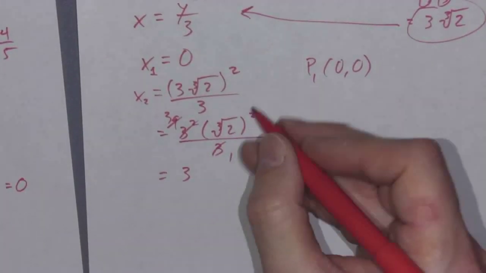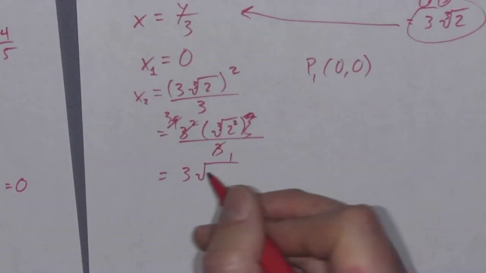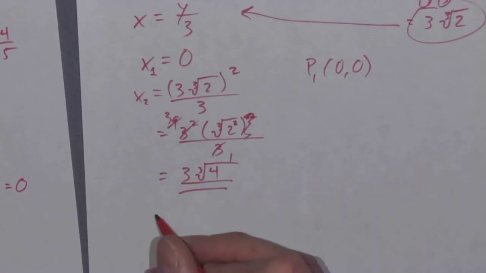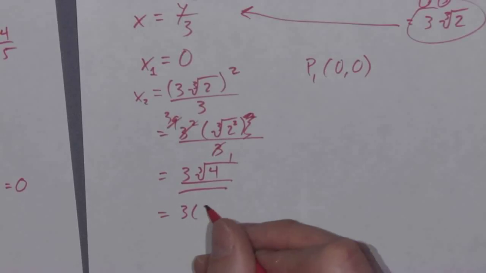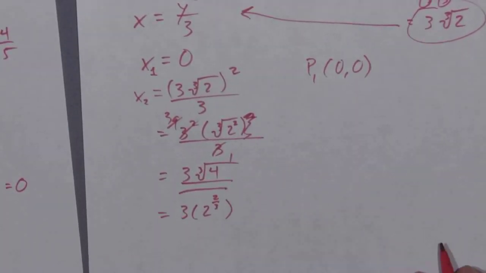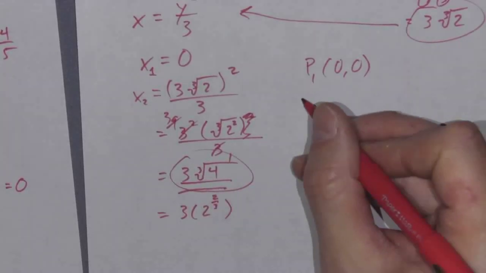Well, if you remember how these work, you can actually put the 2 there if you'd like. So I guess you could just write 3 cubed root of 4. Or you could have written 3 times 2 to the 2 over 3. That is okay, but either way, I think I like this one a little cleaner.